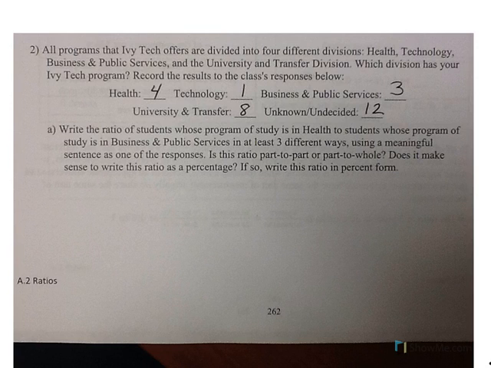All right, so we're now going to do this problem. We've got 4 health, 1 technology, 3 business, 8 university and transfer, and 12 undecided. So we're going to write the ratio of students whose program of study is health to those who are in public business and public services. So health to business. So there are 4 health people over 3 business. Now, is this part to part or part to whole?